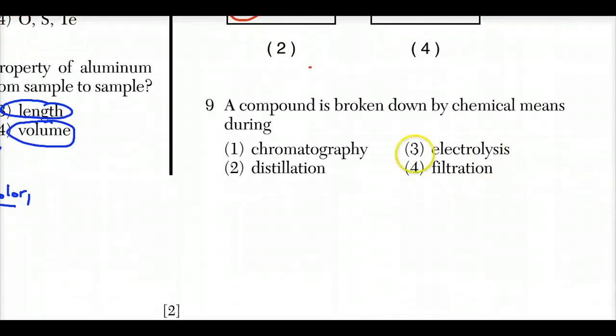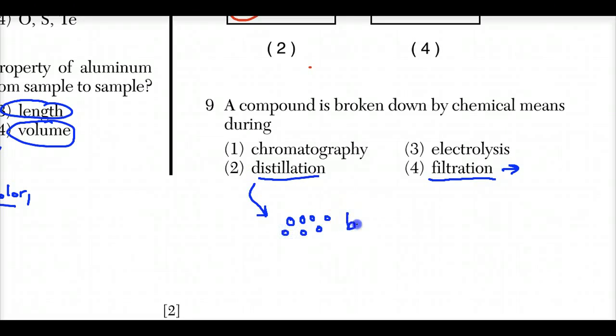Number 9. A compound is broken down by chemical means during, well, you're breaking a chemical bond. Filtration is a physical change. Distillation is when we boil off two or more liquids that have two different boiling points, and we know boiling points are physical properties.